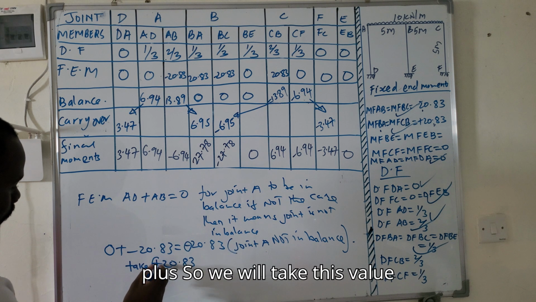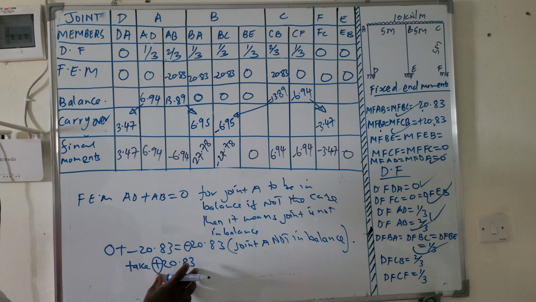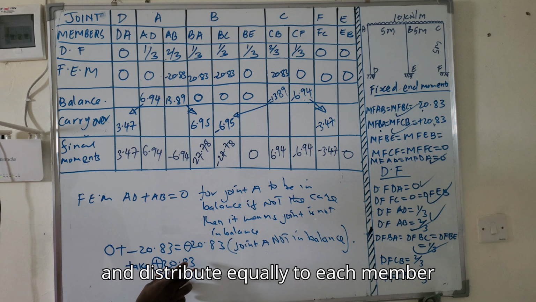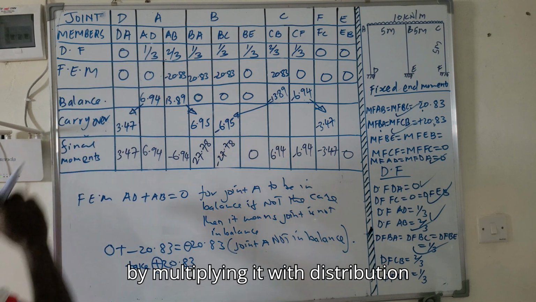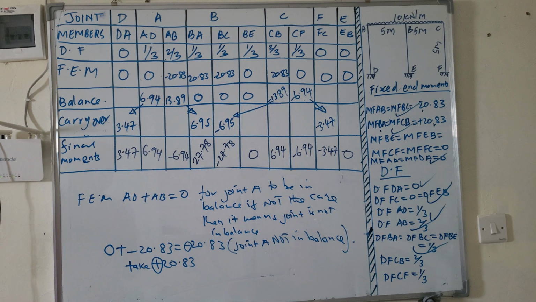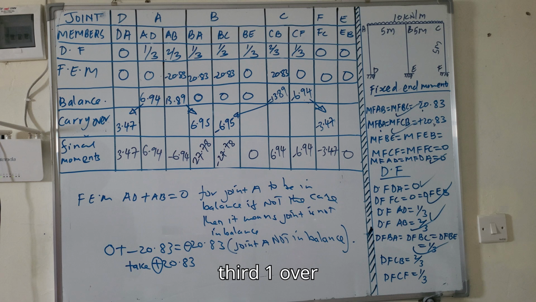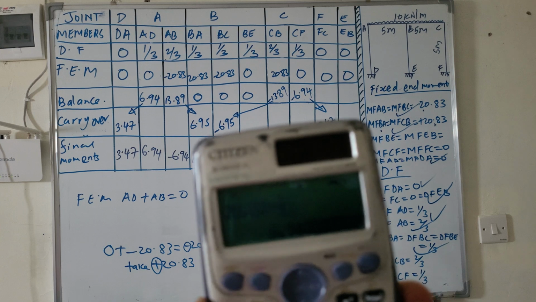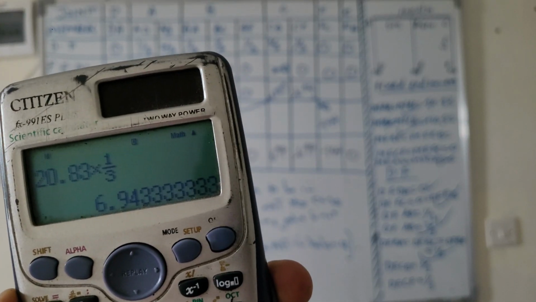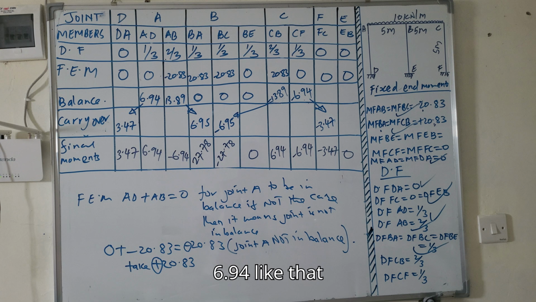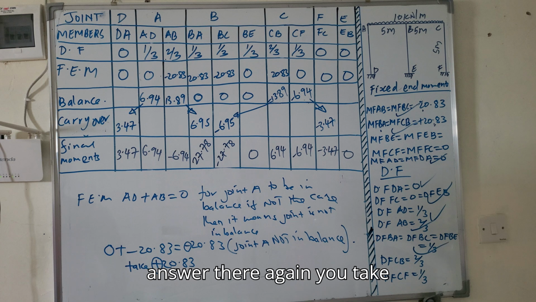So it will change to plus. So you will take this value and distribute it to each member by multiplying it with distribution factors. So we take 20.83 times a third, 1 over 3. So the answer is 6.94. You will write your answer there.